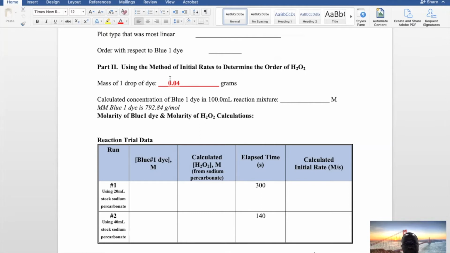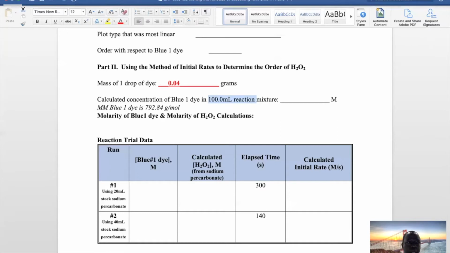So to calculate the concentration of the blue 1 dye in the 100 ml mixture, we know the volume of the solution in ml. We know the mass of the 1 drop which was used for the reaction.